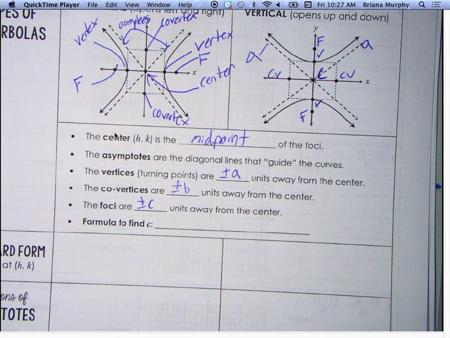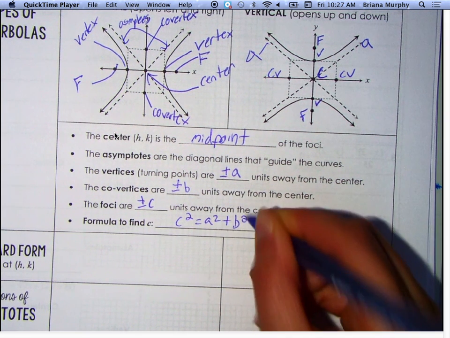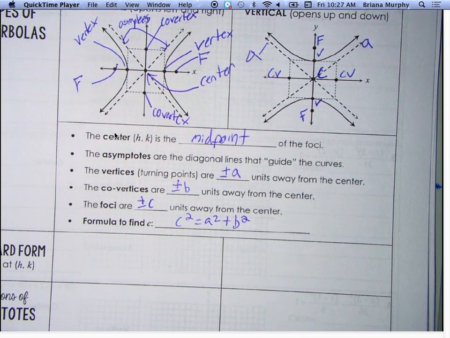I'm going to give you the formulas, but not what a, b, c mean. So the formula for c is c squared equals a squared plus b squared. That's a little bit different than what we did before. It is the Pythagorean theorem, right?